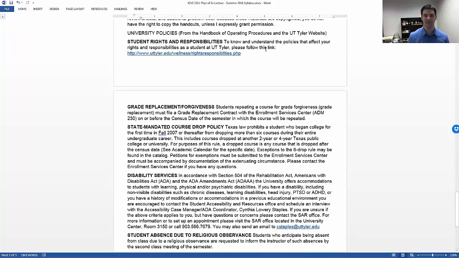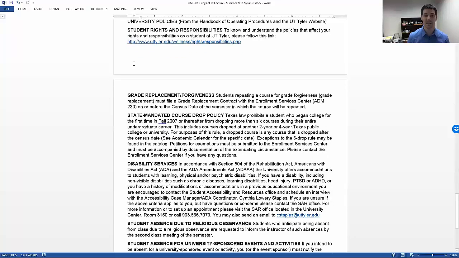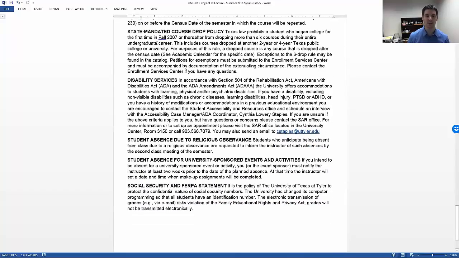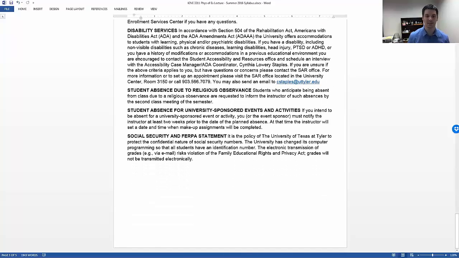Again, university policies. If you guys have any questions, I suggest you go through student rights and responsibilities. These include grade replacement, course drop, disability services, absence for religious observance, and absence for university-sponsored events. So I'll just make a quick comment about that.